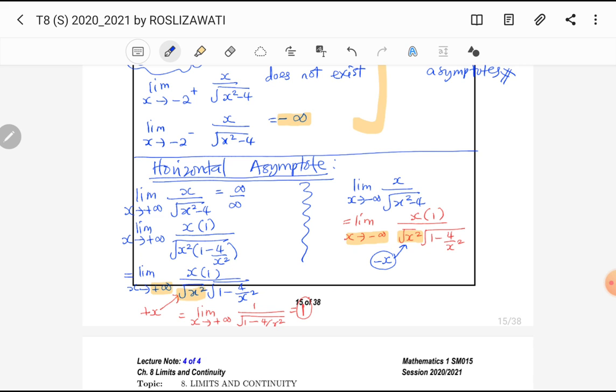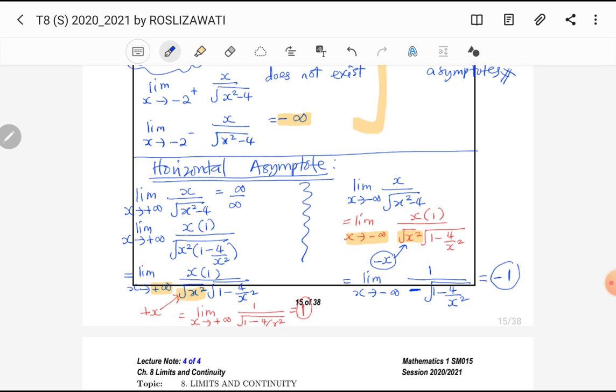Kenapa negative x? Because your x is negative. Nah, x approaches negative infinity. Negative part. Okay. So, dia akan jadi limit x approaches negative infinity 1 over, okay, we have negative square root 1 minus 4 over x squared. And kalau awak cuba ganti, awak akan dapat negative 1 minus 0, negative 1.